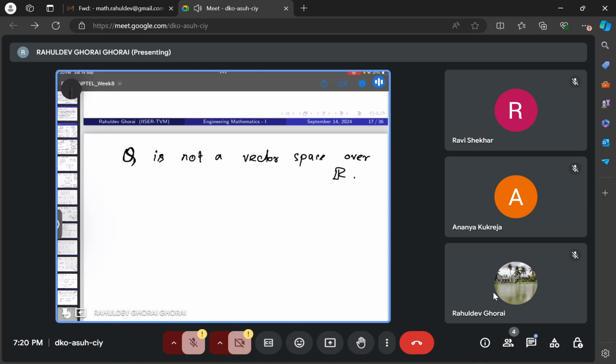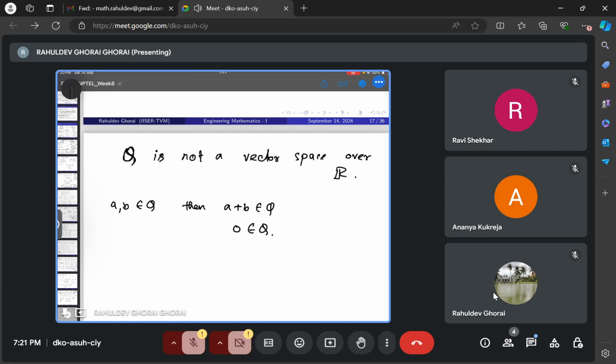Any example quickly? See, if you take a, b from Q, then a plus b will also be in Q. No problem, right? Also, 0 is in Q. So what else is there to check for a vector space?